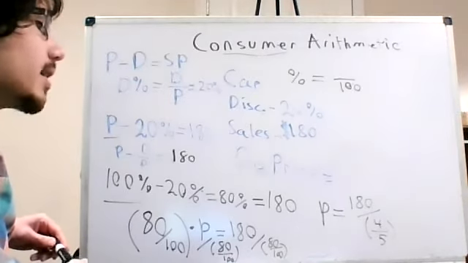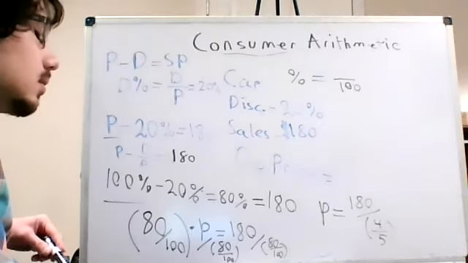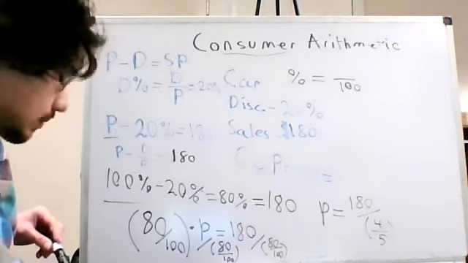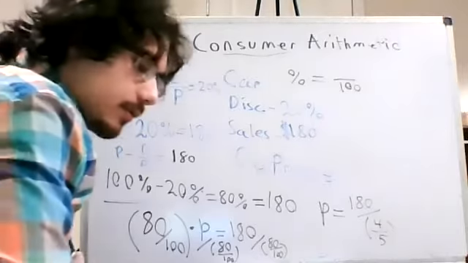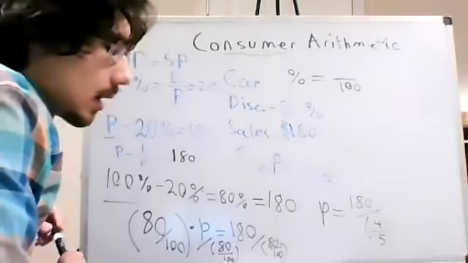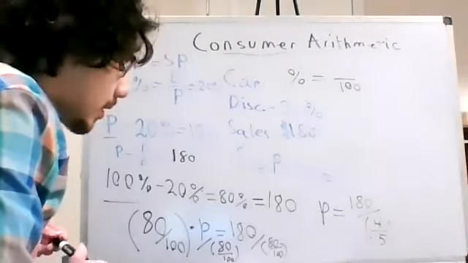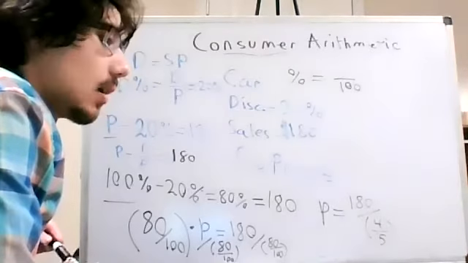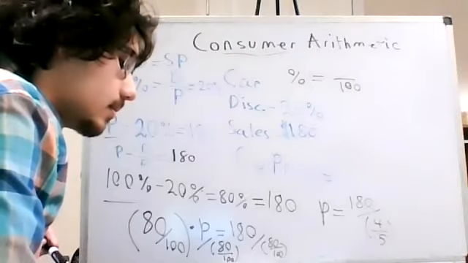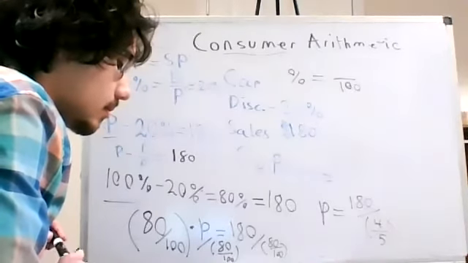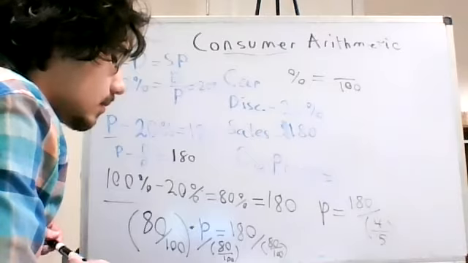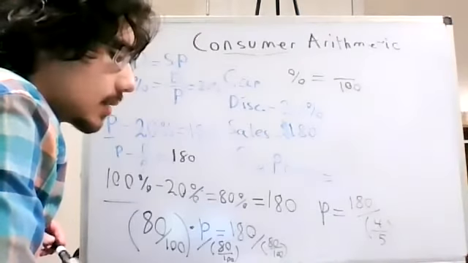Do any of you remember keep, change, flip? Sir, you broke up there for a moment. Can you please repeat that? Do any of you remember from any of the previous classes what to do when you divide by a fraction? You upturn it. Yes, how would you do that?